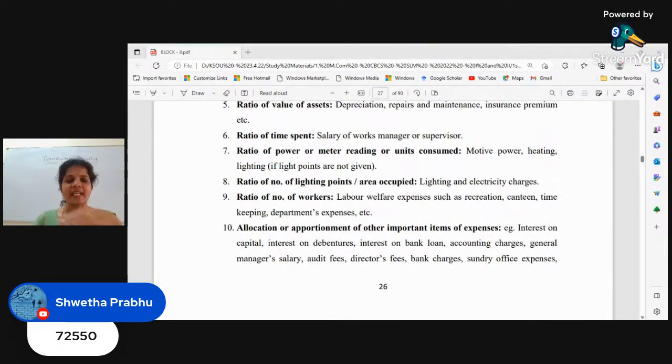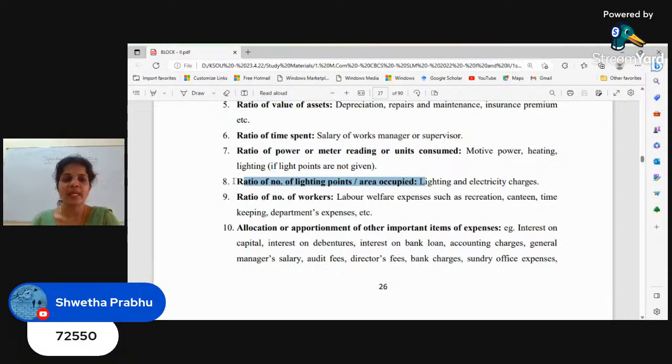Next, the ratio of time spent. If wages or salaries are given to managers or supervisors based on the time spent, then it will be recorded accordingly. Then the ratio of power or meter reading or units consumed, with respect to lighting, heating, water, etc. It will be recorded based on the meter reading. For lighting and electricity charges, it is based on the number of lighting points or the area occupied, whatever information is given.